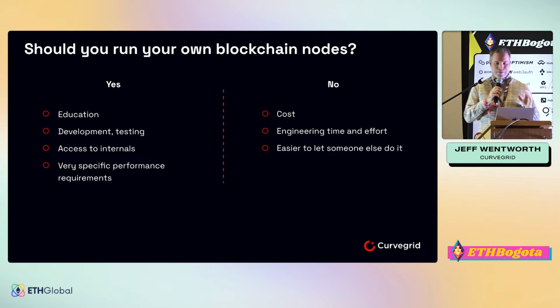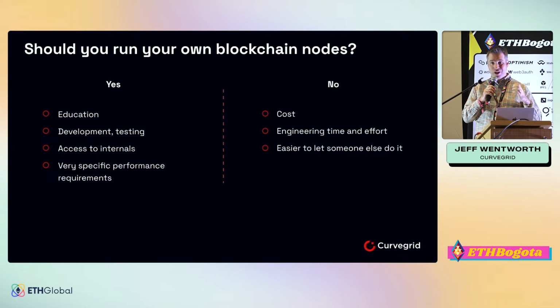A reason to use a node provider, the first one I think is cost, right? Anybody here who has run blockchain nodes in the past or currently understands that if you're doing it in production, and we're talking highly available, you're running a DApp that's being used in anger, let's say, at a good scale by a large number of people, it costs a lot of money, right?